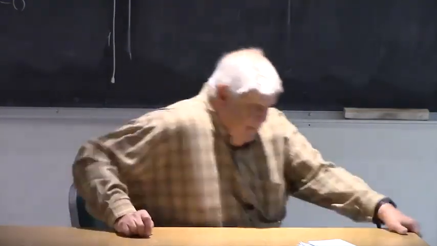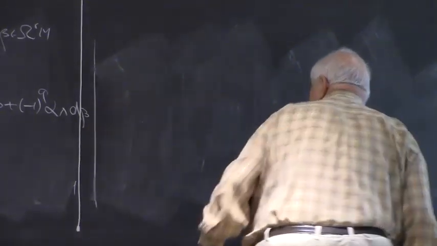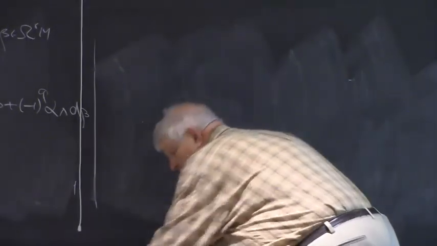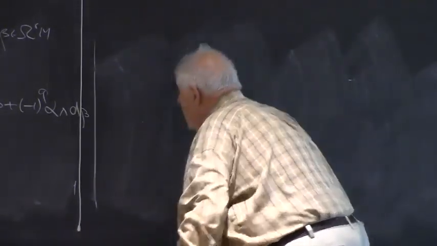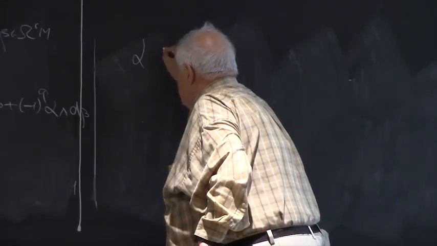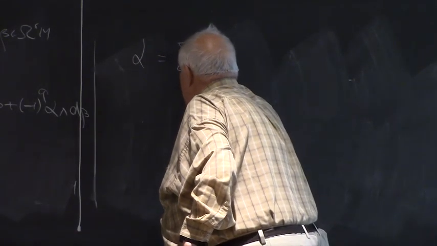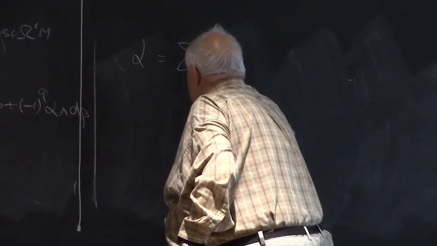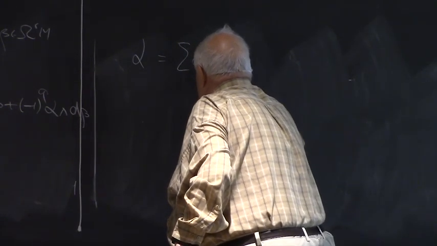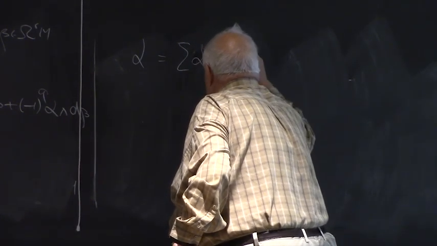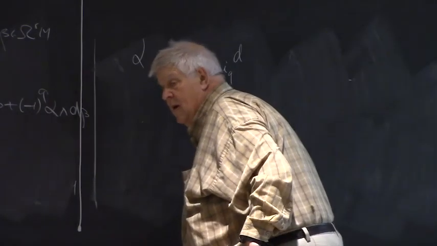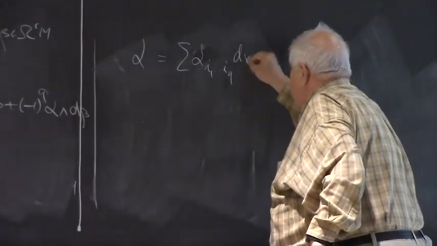Let us look at this using the coordinate presentation which we have. So suppose that locally alpha is a function in the domain of local coordinates.